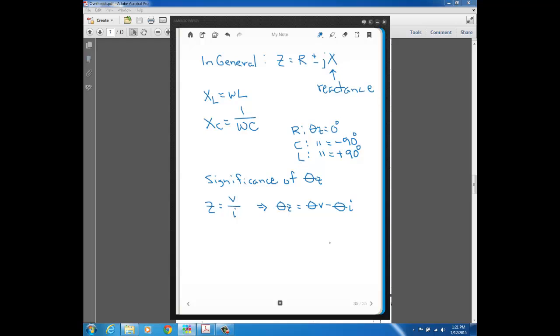So for example, if you had a non-ideal inductor, let's say, where both the resistive part and the inductive part had the same value, so let's say the resistive part was 5 ohms and the inductive part was plus j5 ohms. Well, Z equivalent would be 5 plus j5, and you see the theta Z here would be 45 degrees.